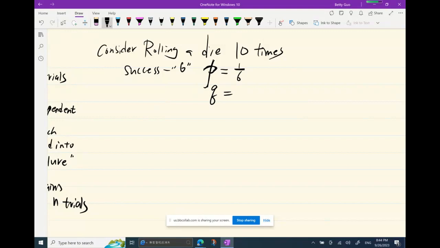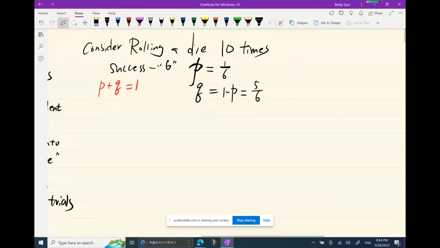What is q? q is the probability of failure, the probability of not getting a 6. P plus q must be 1, right? P and q must add up to 1 for sure. You either succeed or you fail, right?